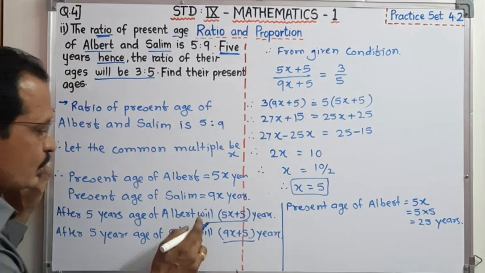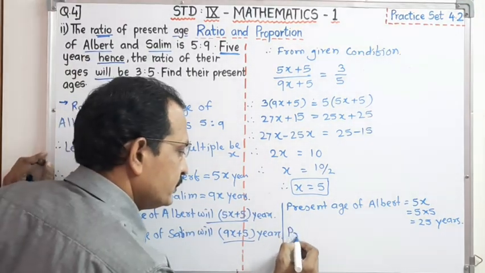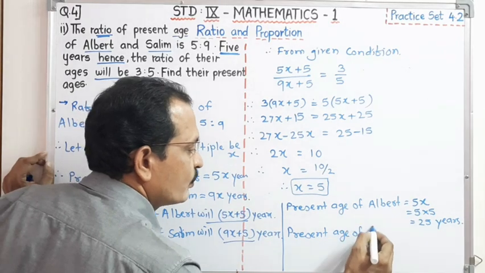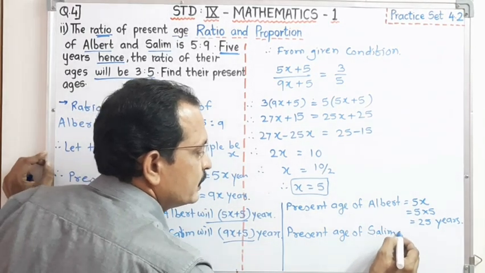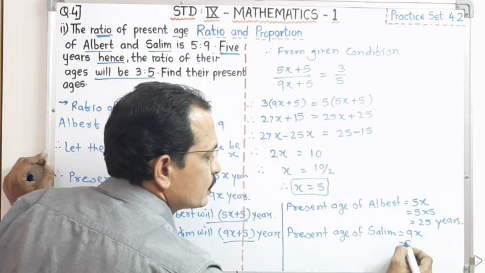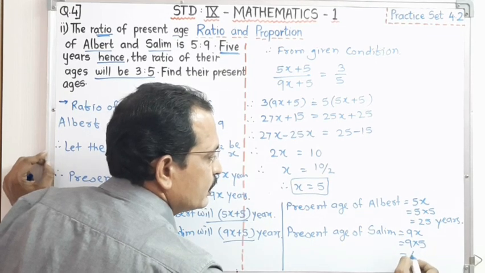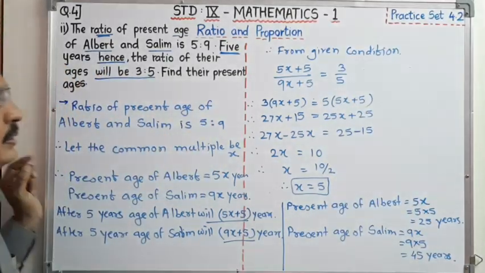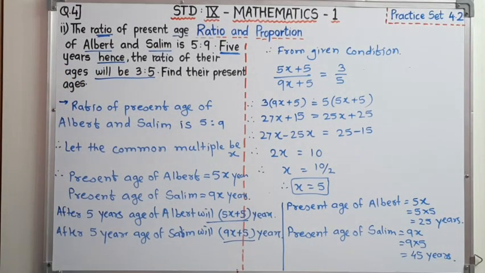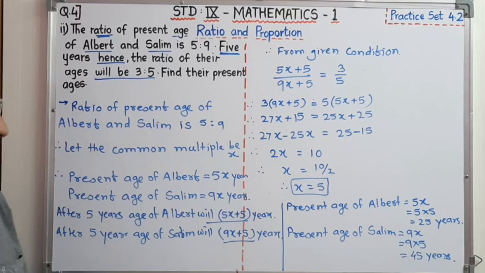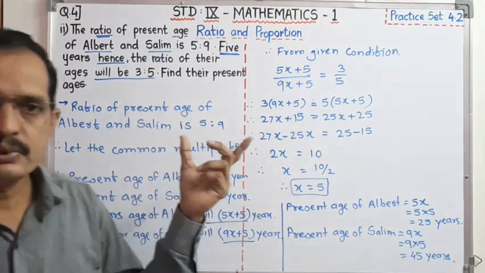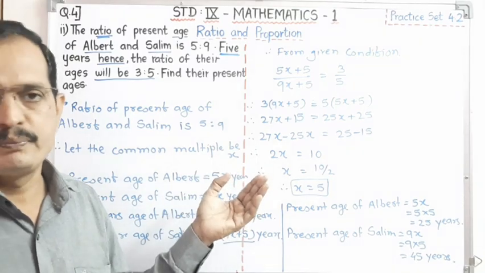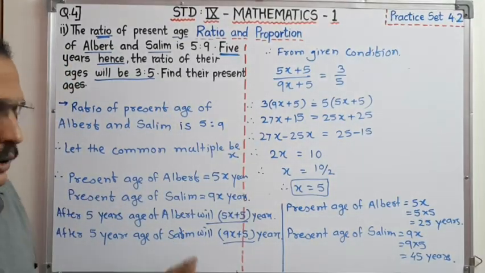And the present age of Salim is 9x, which is 9 into 5, it is 45 years. This is the final answer. Dear student, two concepts you must remember: after and before. Take down this sum in your notebook.